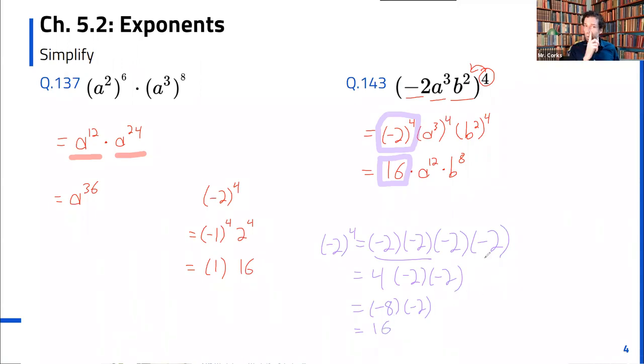So it's an exponent. We are not multiplying 2 and 4. It's -2 times itself 4 times. Any other question?